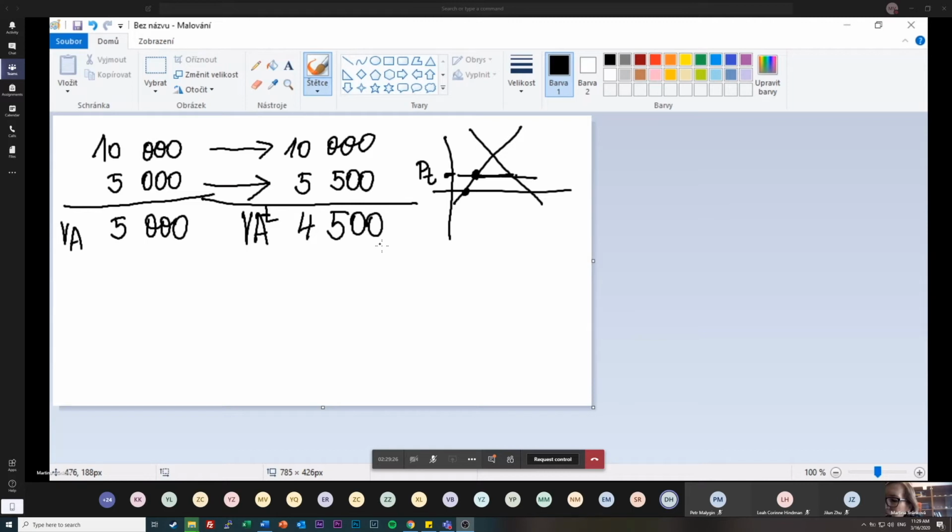Let's go to number 6. It's similar, but still I will show it here. The effective tariff protection rate is 50%. The value added in the shoe production before levying tariff was 2,000 Czech crowns. The government levied tariff 10%.